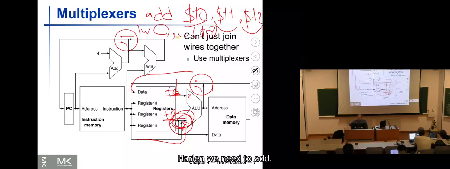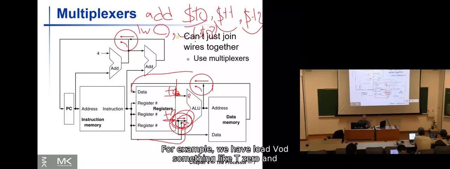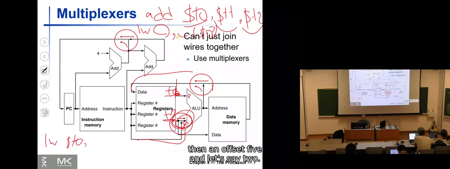Add. Yes, Harleen? We need add. Because you see S3, let me write it very clearly. For example, we have load word, something like T0, and then an offset 5, and let's say S2.